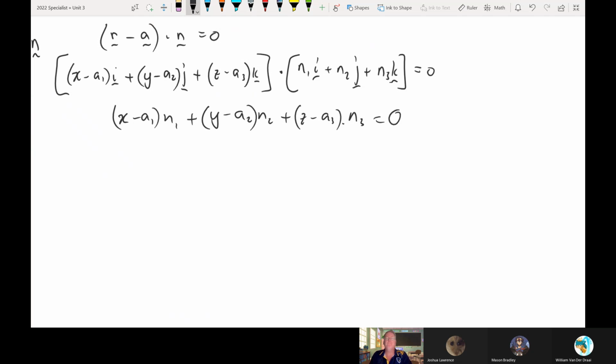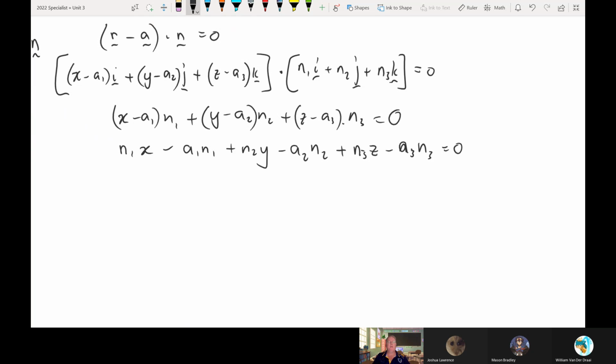I'm going to expand out the brackets: n1x minus a1n1, and I've written in this order for a reason, n2y minus a2n2, plus n3z minus a3n3, equals 0.